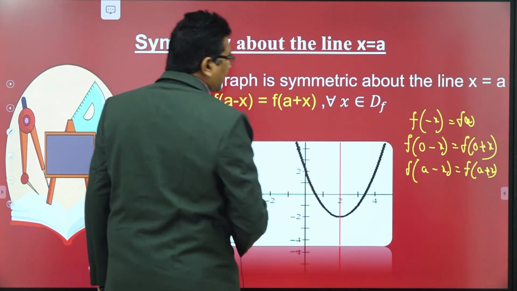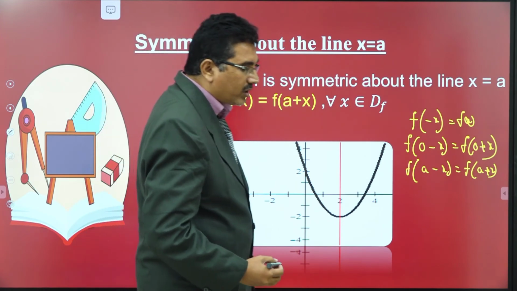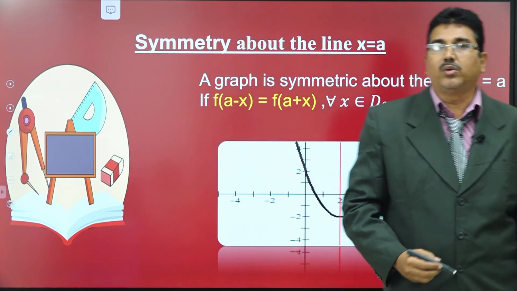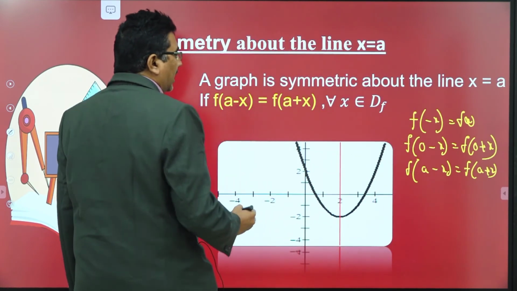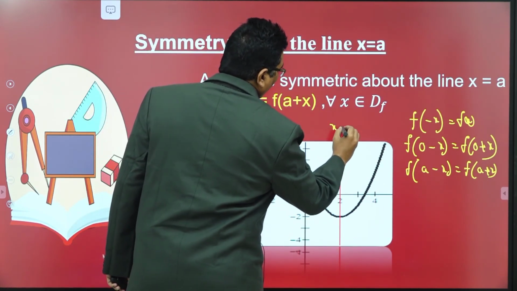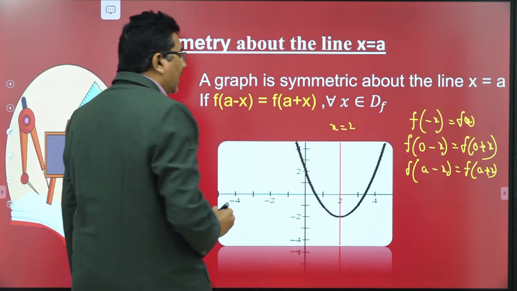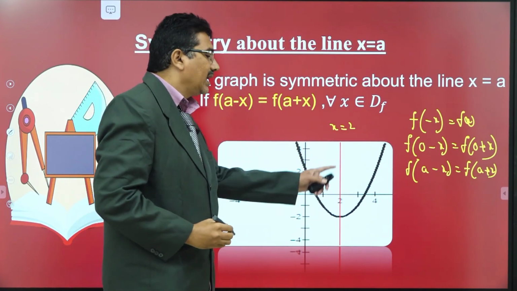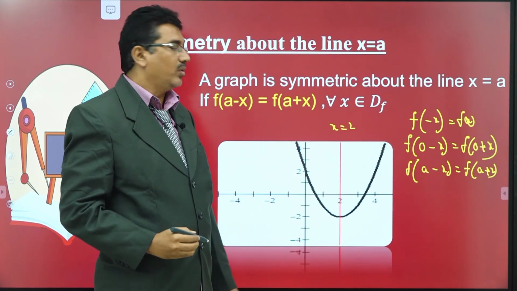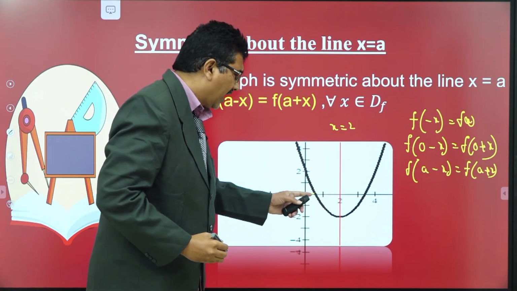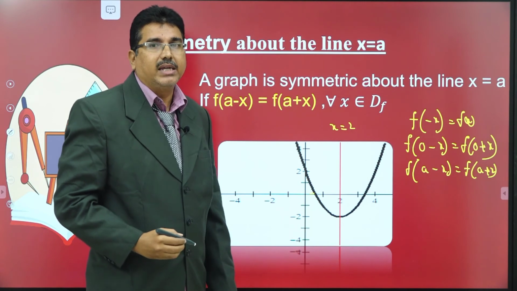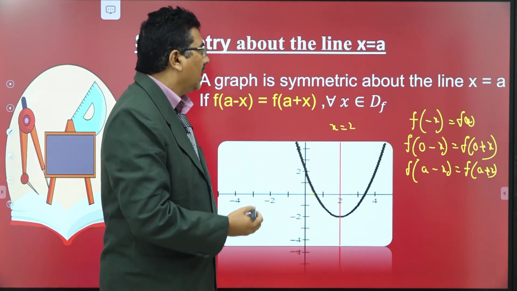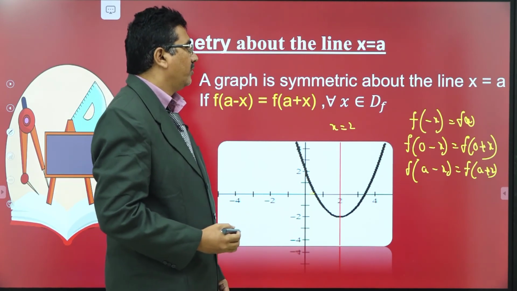This graph is symmetric about the line x equals 2. If the graph is folded along the line x equals 2, these two curves coincide. That's why the graph is symmetric about the line x equals 2.